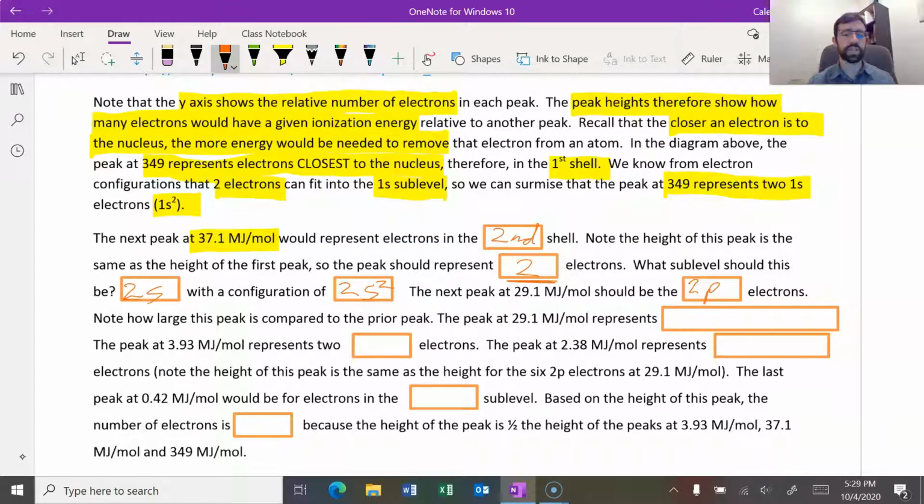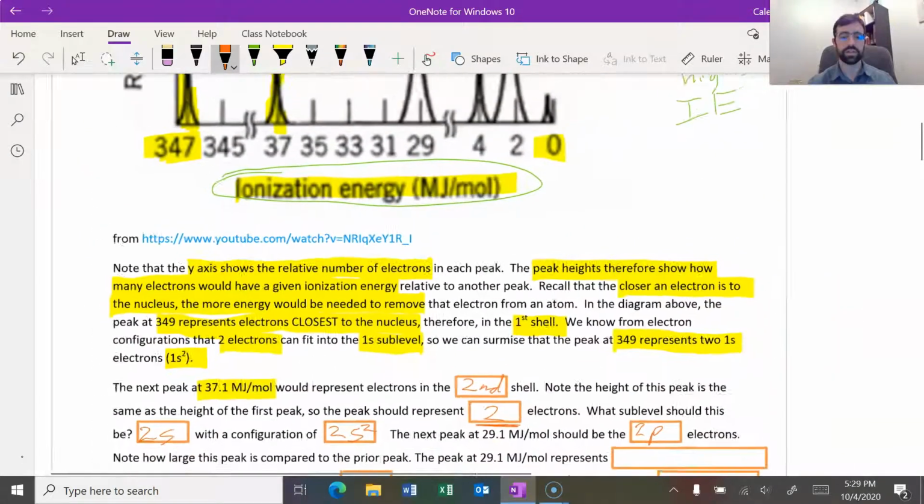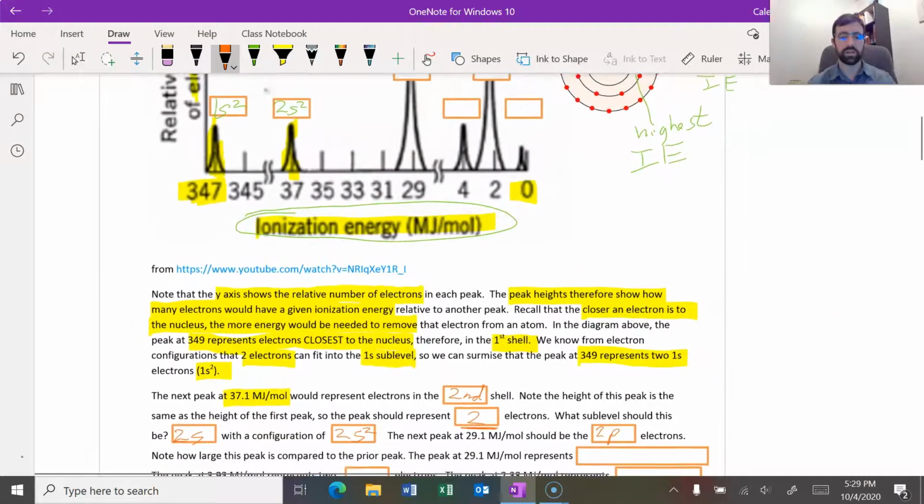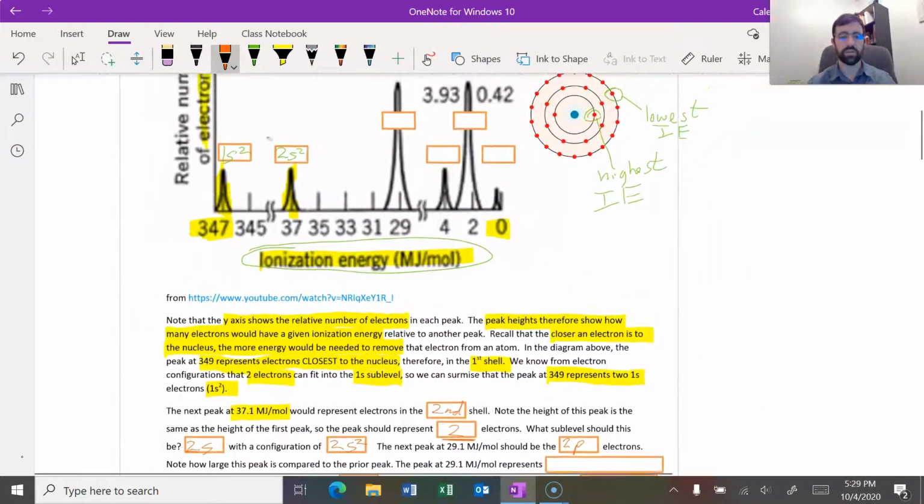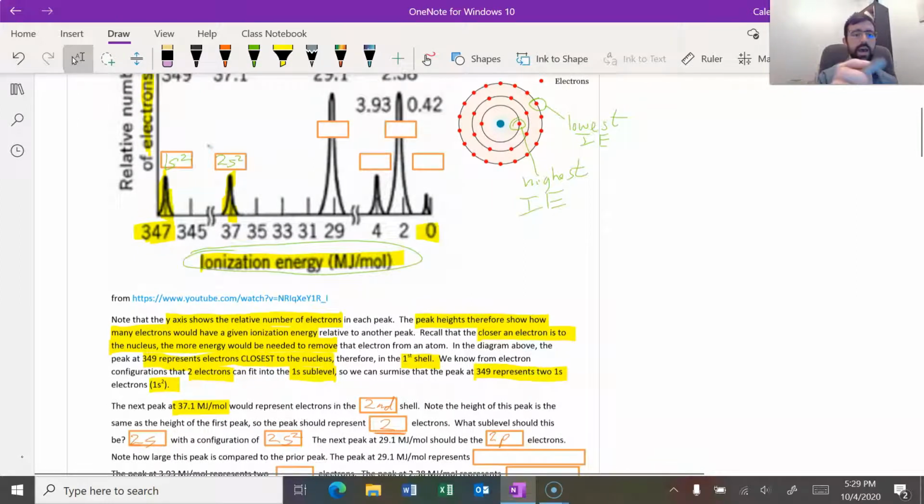Note how large the peak is compared to the prior peak. So let's go back up. We're going to compare these. At 29.1, we're looking at that peak right here and looking at the height. Again, this axis is not labeled, but it looks to me like that's about 3 times the height of the first 2 peaks.